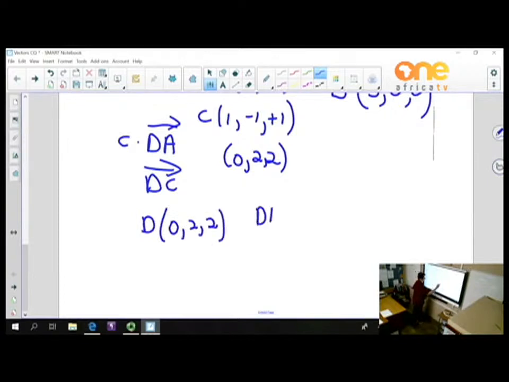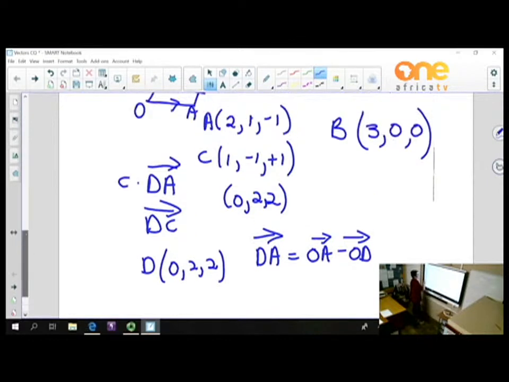Now, DA is OA minus OD. Don't forget that, because if you do that wrong, everything is going to be wrong. So it's the second one minus the first one. We have OA, it was given. There's OA, 2i plus j minus k.